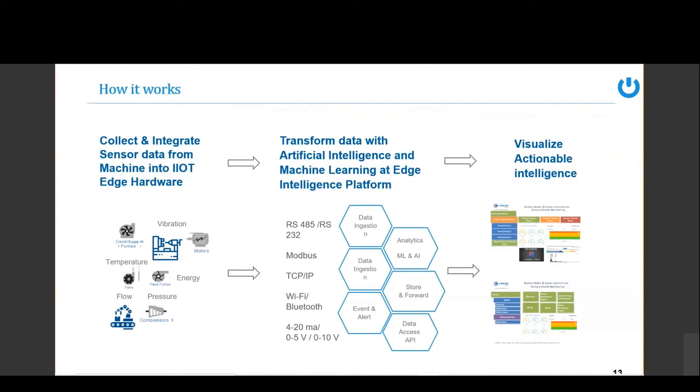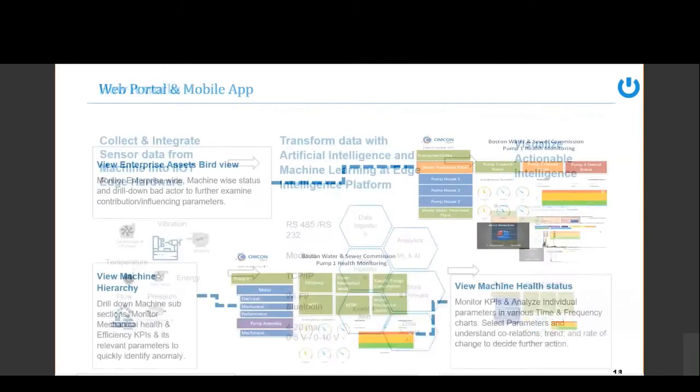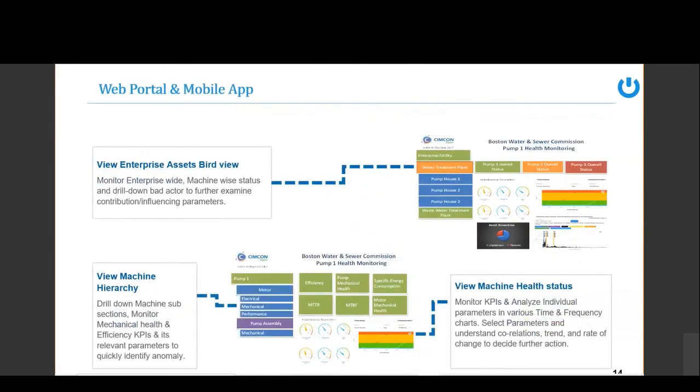Once data is available on this platform, we do data quality checks using various algorithms. Then we transform the data, generate alerts, and help you see the data in the context of a subject matter expert or various other contexts. In these two screens, you can see the machine status and drill down to examine contributing parameters.